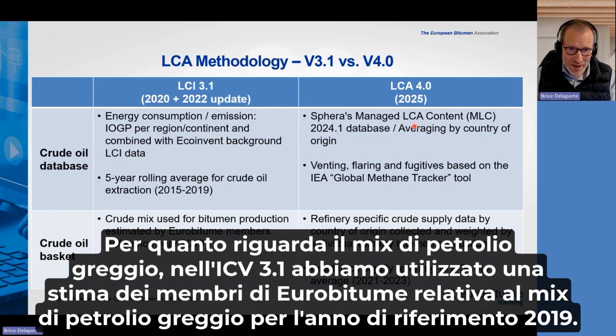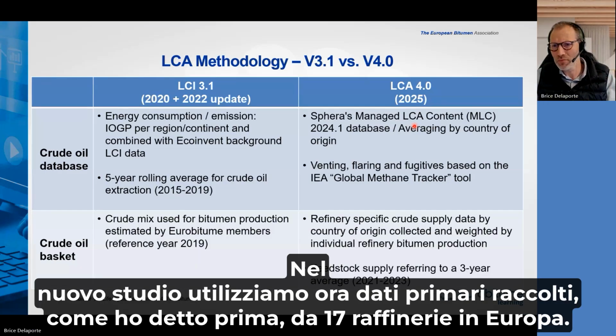Regarding the crude oil basket in the LCI 3.1, we used an estimation by European members of a crude oil mix with the reference year 2019. In the new study, we are now using primary data collected, as I mentioned previously, from 17 refineries in Europe.